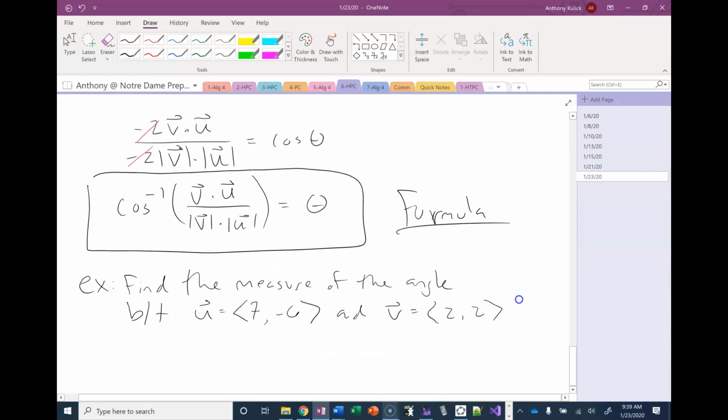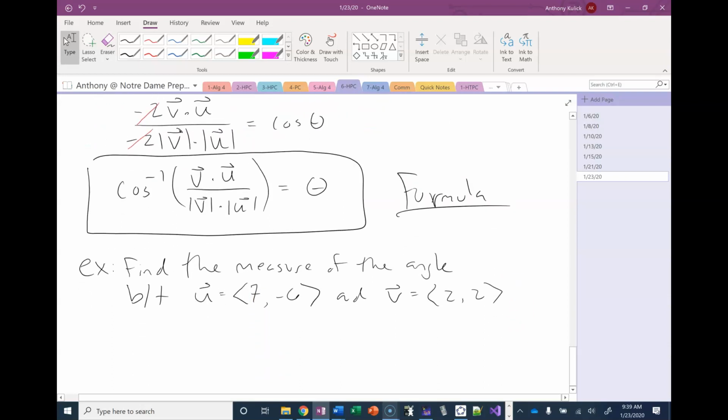All right. So we just developed this formula. Let's do a numeric example now. We're asked for the measure of the angle between two vectors.